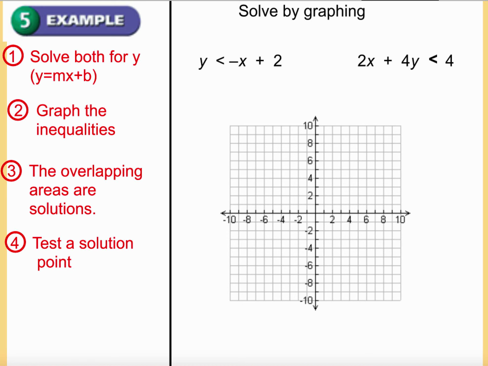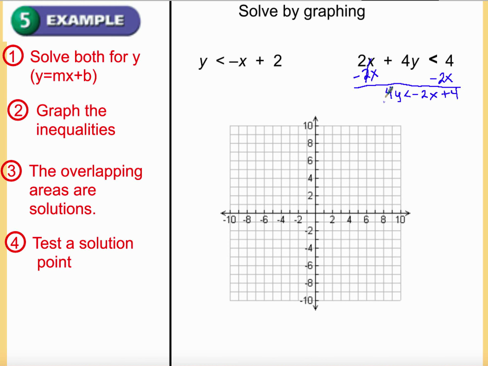You can hear the kiddos in the background there. So we are going to start by subtracting 2x over to the other side because we're trying to get y alone. Nice little linear function. And now I've got 4y is less than negative 2x and positive 4.